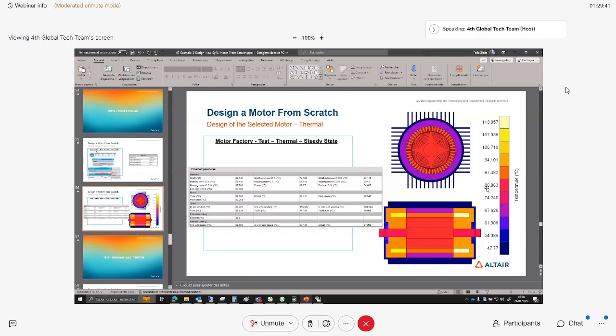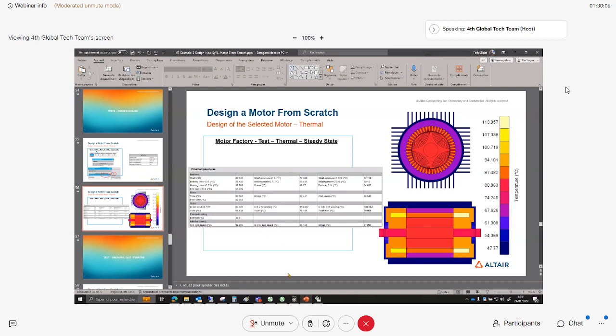As you can see, the maximum is on the winding, which is 140 degrees, which is really acceptable for us, and we can consider it as a good thermal behavior.